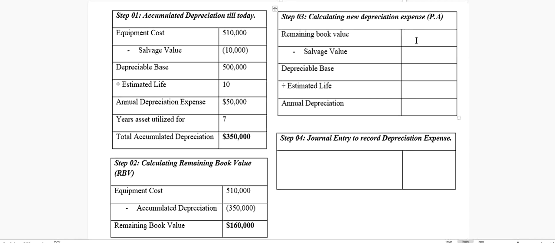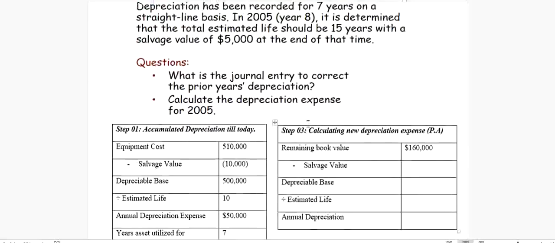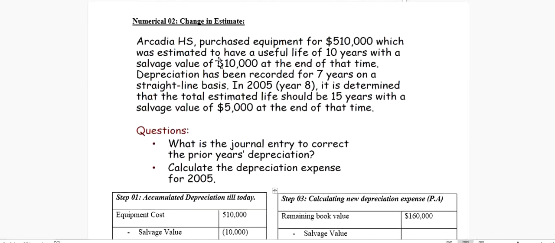So very simple. What is my remaining book value? My remaining book value is $160,000. Do I have any updated or new salvage value? Yes, I do. The salvage value has changed from $10,000 to $5,000 now.